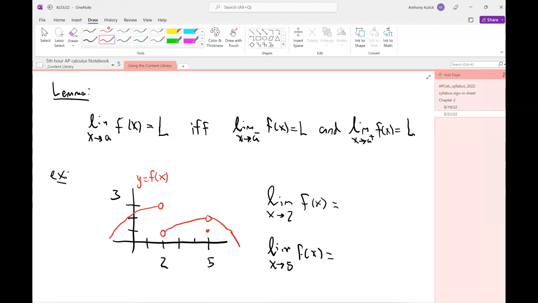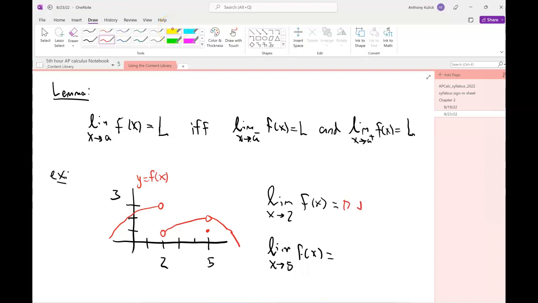So what would we say in this case the limit as x approaches 2 is? Does not exist.